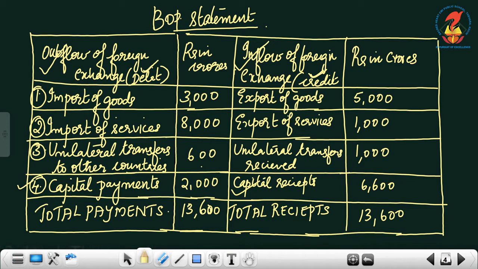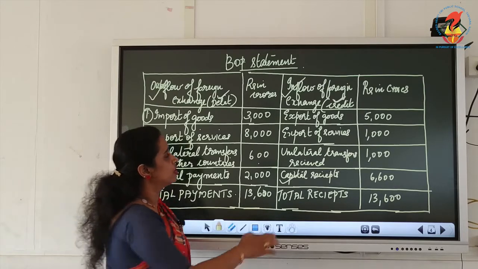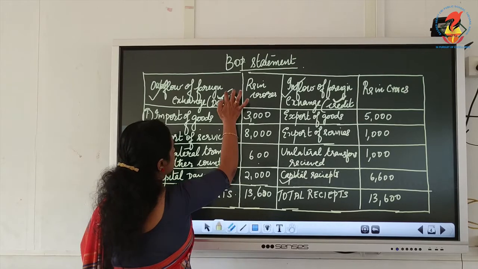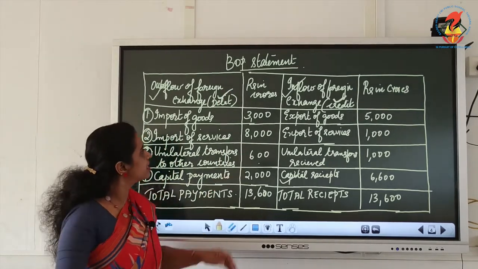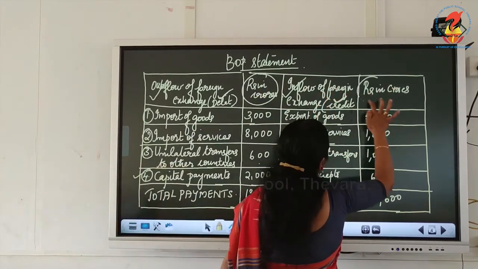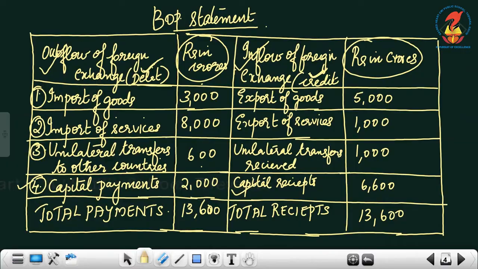Capital receipt is on the credit side and capital payment on the debit side. Now, I have written the amount. Amount is given as rupees in crores for both the sides. Now, the amounts of all the items are given here.